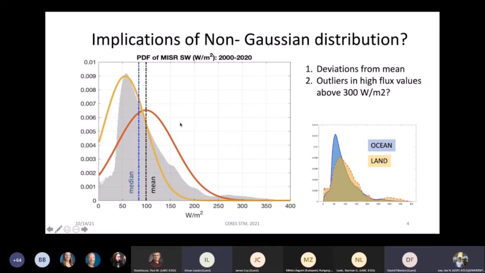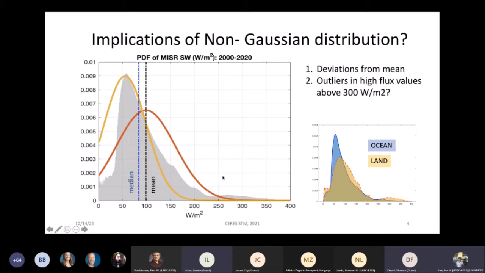Another implication is related to high flux values above 300 watts per meter squared in the right tail, which represent Arctic and Antarctic high-reflectance snow and ice covered areas.